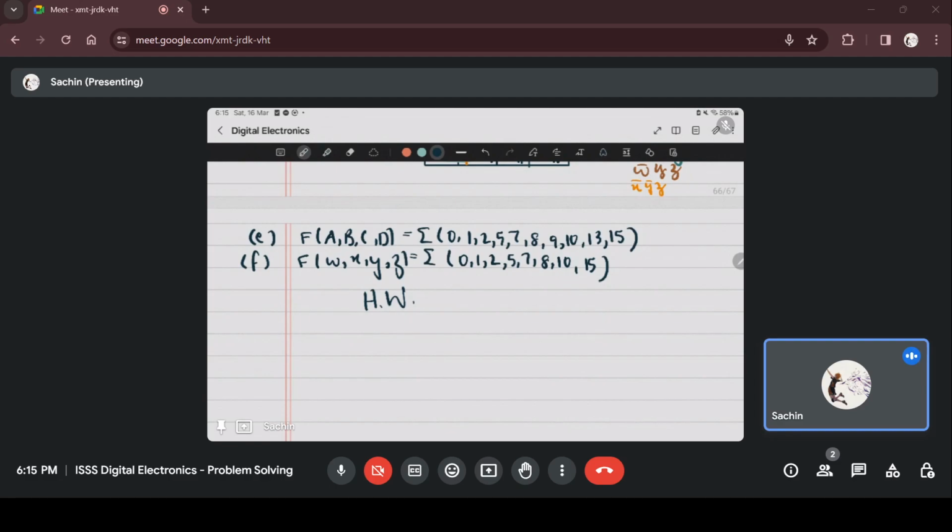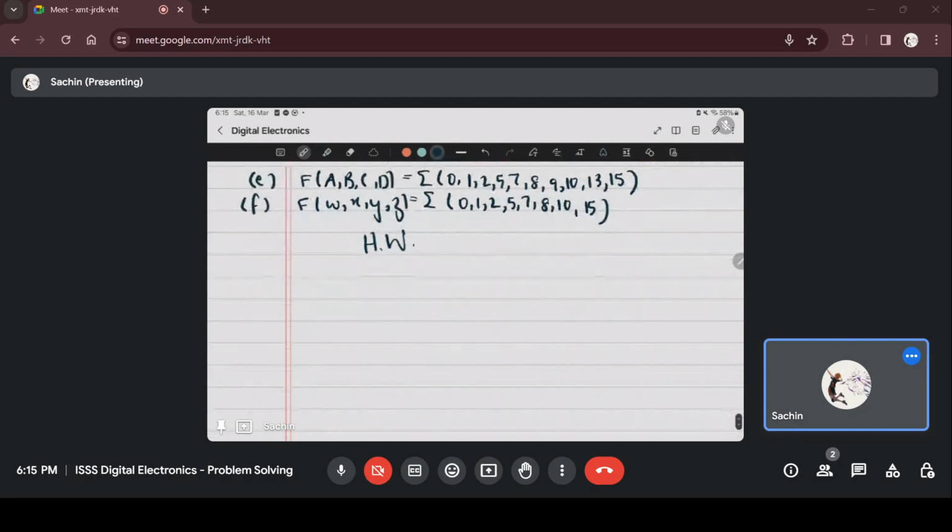This time we'll continue from problem 3.10.